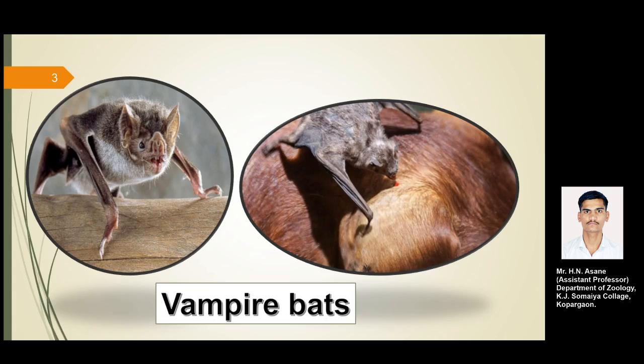Another one is found attached to the gill tissues of a large catfish, and this particular type of parasite is known as candiru. These small candiru fishes are attached beneath the gill of the large catfish so that they get some nourishment.